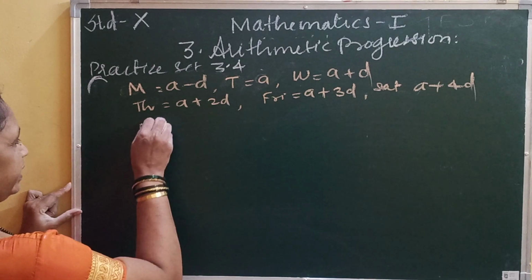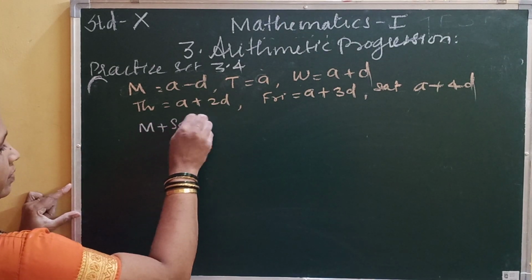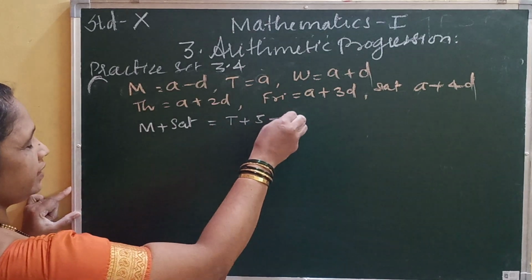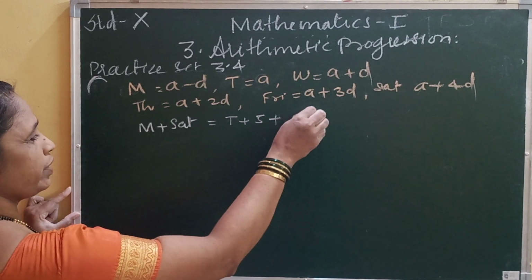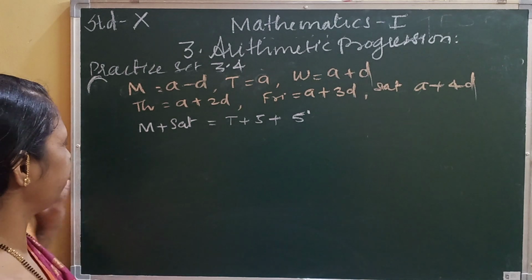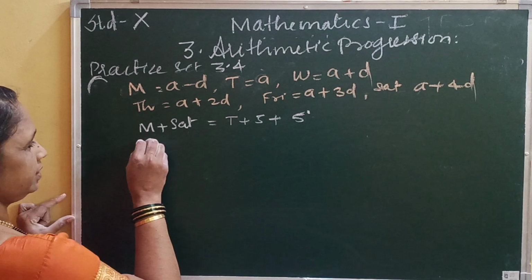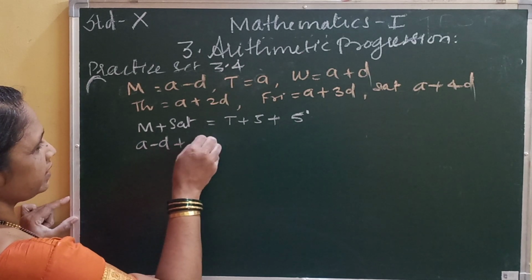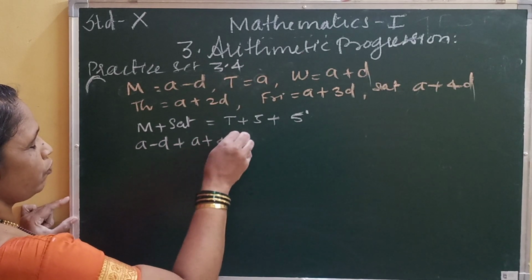Okay, Monday plus Saturday is equal to Tuesday plus Saturday plus 5 more. So Monday's is A minus D plus Saturday is A plus 4D.